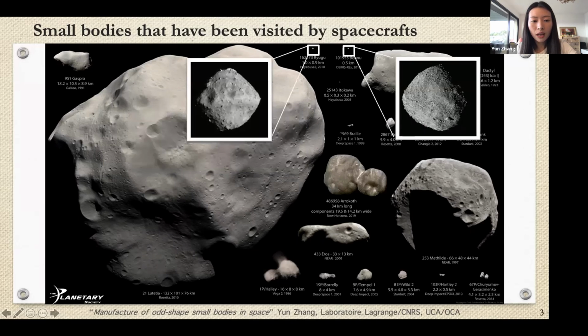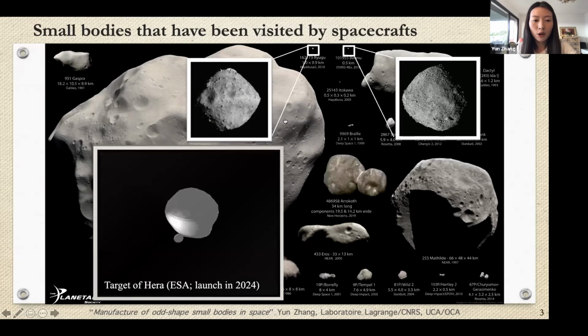There are also other asteroids with nearly spherical shapes with an equatorial ridge, like Bennu and Ryugu, which were explored recently by the OSIRIS-REx and Hayabusa2 missions. This kind of shape is often called the top shape, as it's similar to a toy top.